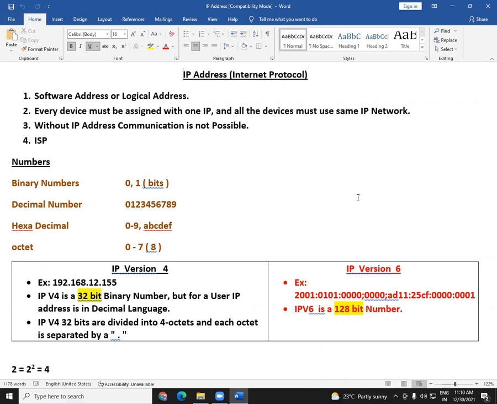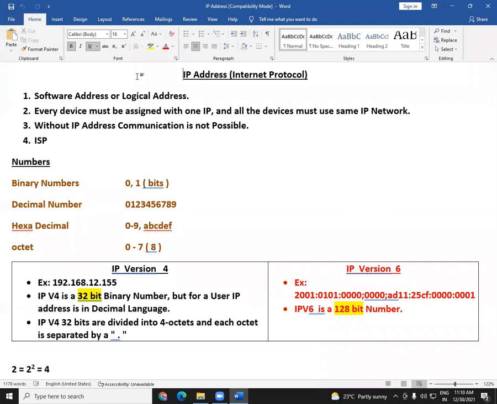IP address is one of the topics that comes in the 20% part. It will take some time to understand, and some more practice to go a bit deep into this IP concept. But I can say one thing with 100% guarantee: if you're good in the IP addressing concept, you will be good in all the other concepts.